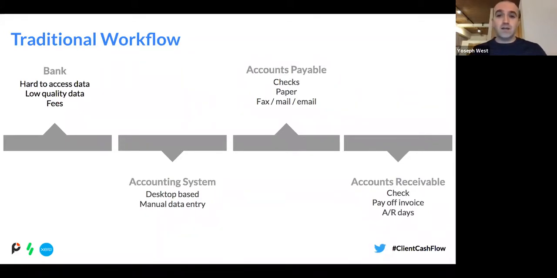Using a check to pay off invoices, you end up with receivable days, or debtor days, as my friends at PI like to say. All of these pieces are disjointed, separated, and disconnected, and make it hard to deliver real-time financials.